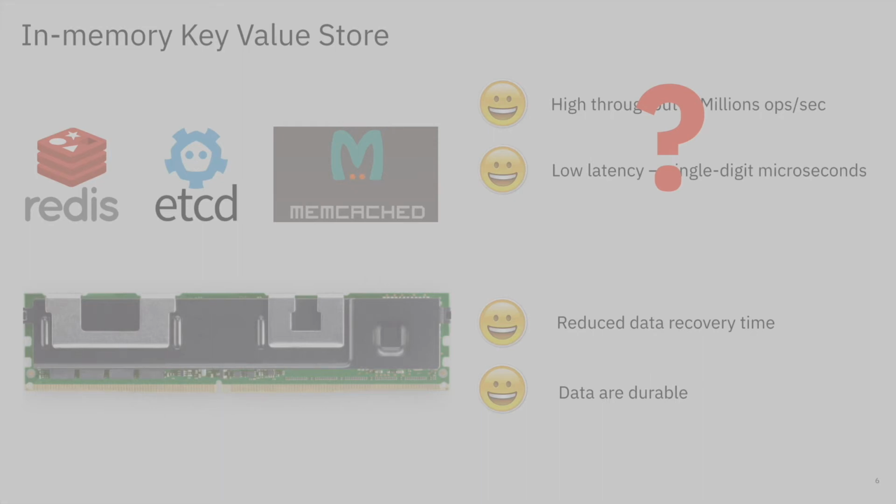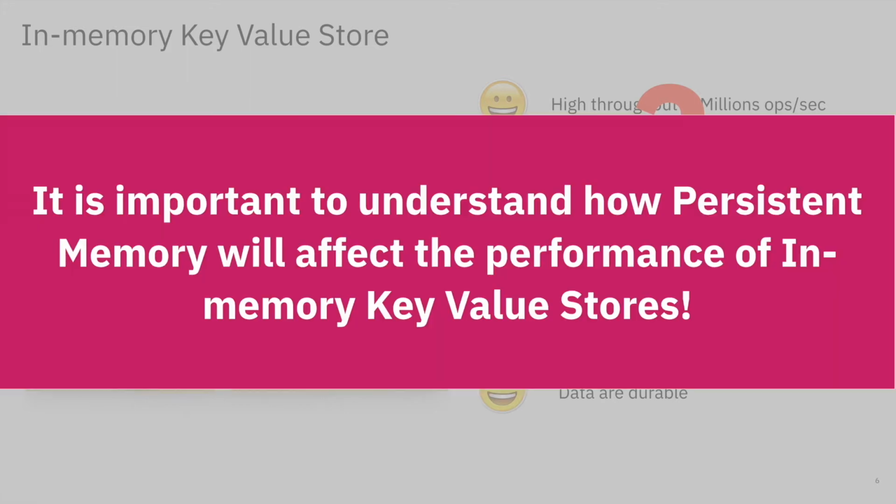As Optane is a newly released technology, there is still not sufficient research about the performance implications this new product will bring despite the new features, especially for in-memory key-value stores. So it is important to understand how persistent memory will affect the performance of in-memory key-value stores.